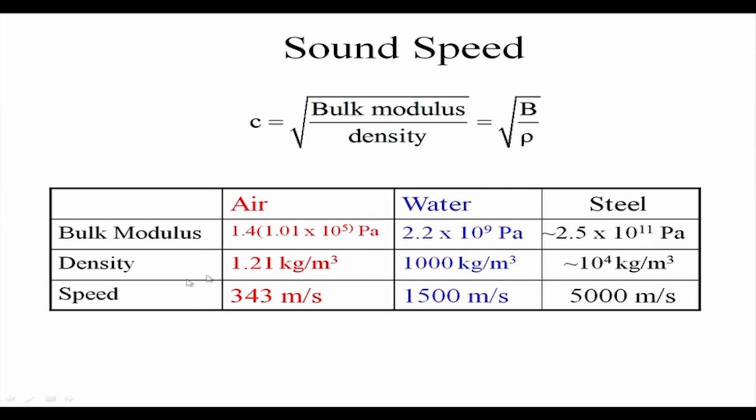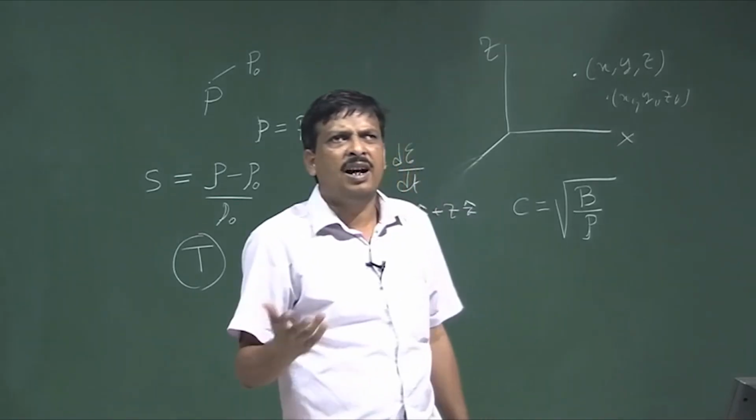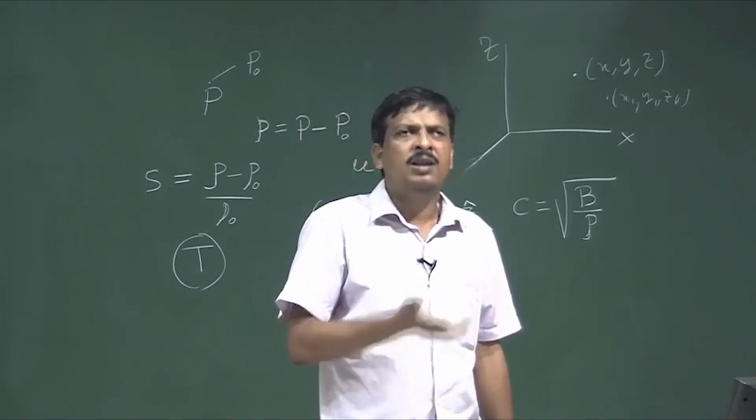In case of air, bulk modulus value is given, density is given, so the speed of the sound I can derive. Similarly, in case of water, bulk modulus is given, then the density is given, then I can derive the velocity of the sound. So, you know that the solid has the highest velocity, then the liquid, then the air.